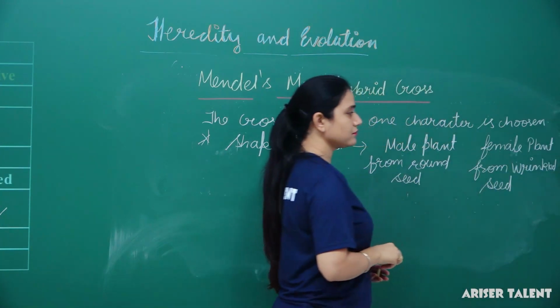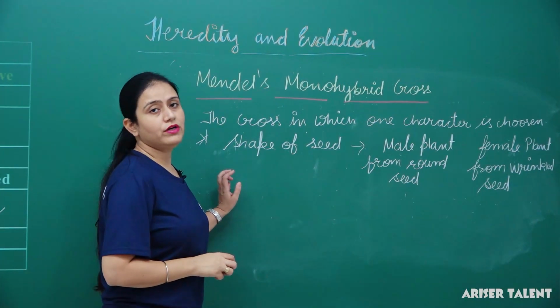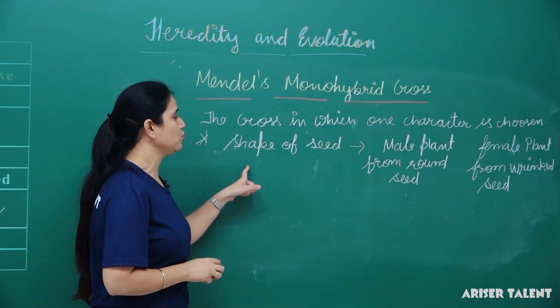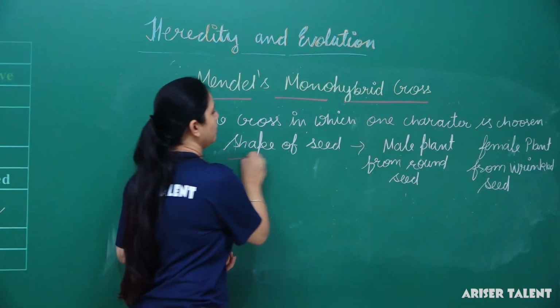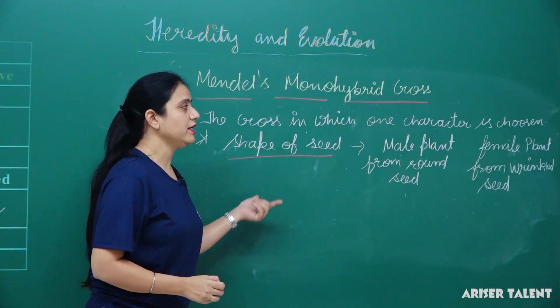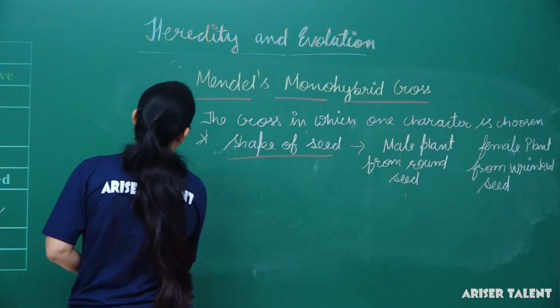Okay, so in this monohybrid cross, I'll explain the experiments of Mendel in which he chose one character, that was shape of seed. He took the male plant with round seed and the female plant with wrinkled seed. So let me define it for you.